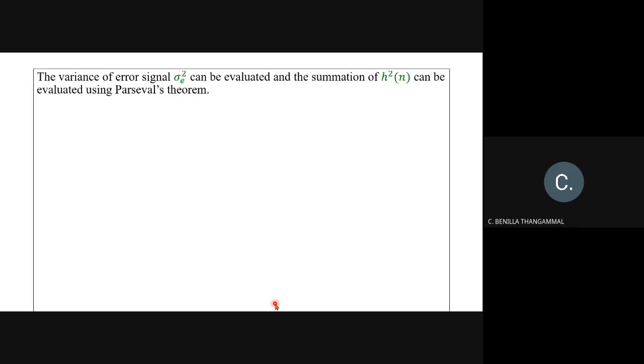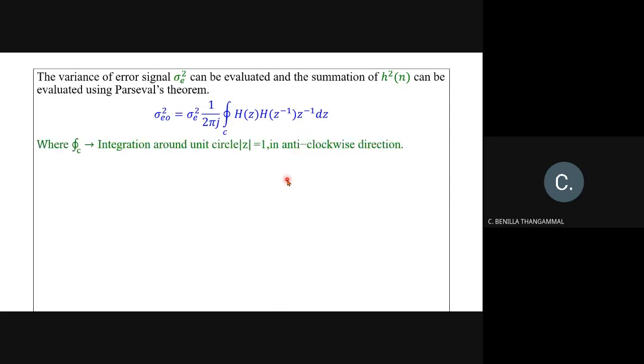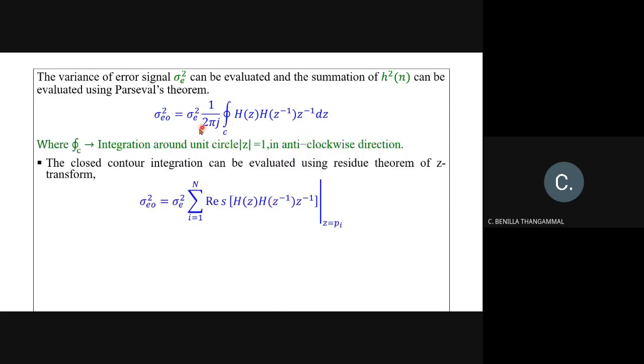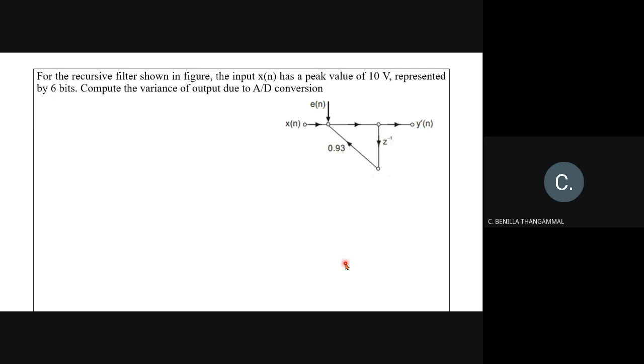The summation of h square of n can be obtained by Parseval's theorem: 1 divided by 2 pi j, contour integral of h of z, h of z inverse, z inverse dz. This closed contour integral can be evaluated using the residue theorem for the given poles. The poles should always lie inside the unit circle.